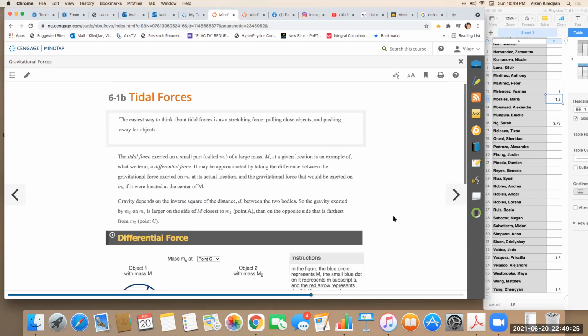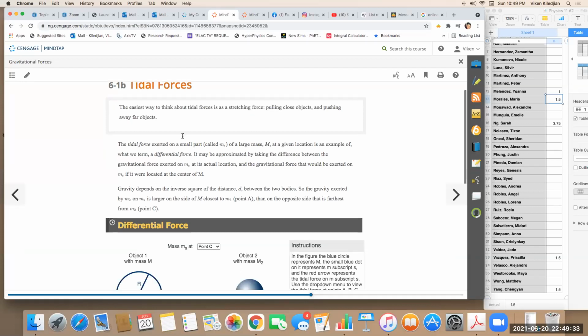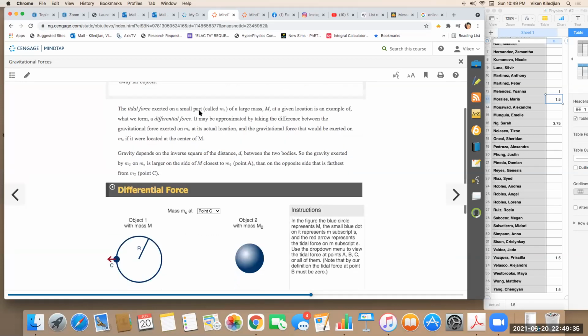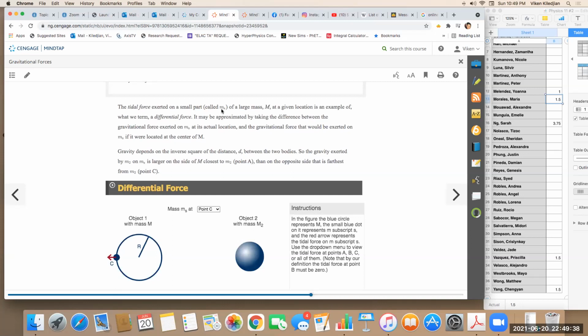So the easiest way to think about tidal forces is as a stretching force, pulling close objects and pushing away far objects. The tidal force exerted on a small part, called ms, of a large mass, big M, at a given location is an example of what we term a differential force.